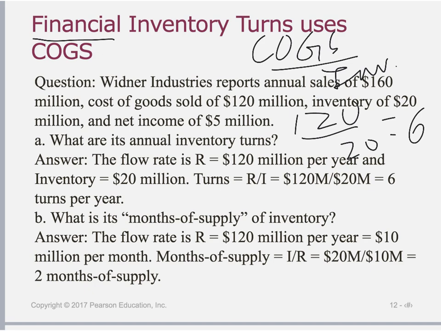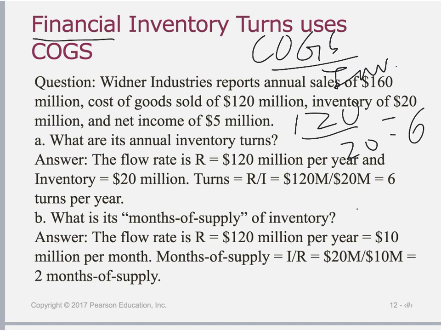What are the months of supply of inventory? You could do it a couple of ways. It's the 120 million per year, which is your cost of goods sold, which translates to $10 million a month.